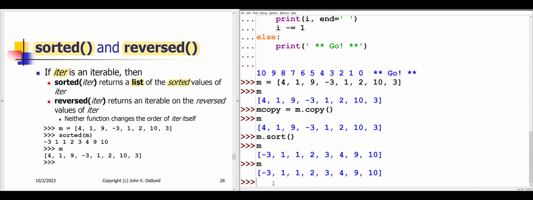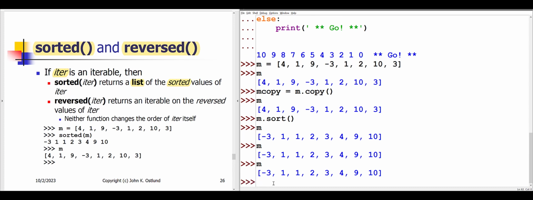But a lot of other, in fact, most other kinds of collections can't be directly sorted. We can't sort a set. We can't sort a tuple or a dictionary or what have you. But we can use sorted to get a list of values. So here's m. Let me get m as a copy.